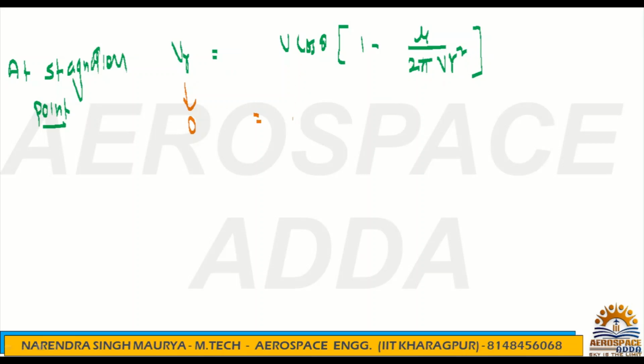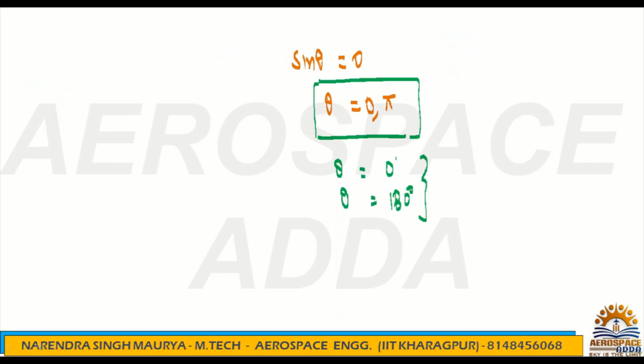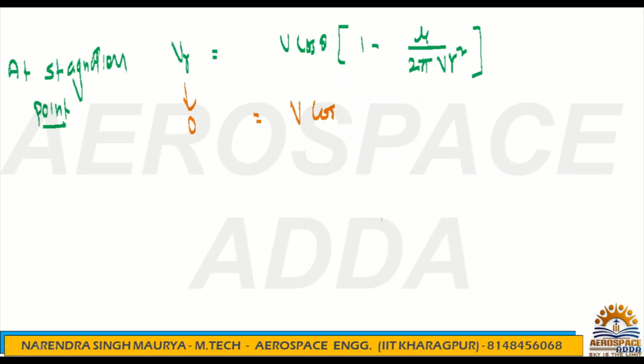And at the stagnation point you also got the angle. What is the angle you have? Theta at the stagnation point you got 0 and 180. Anyone you can take. I am taking 0. So it's v cos 0 times 1 minus mu upon 2 pi v r square, right?